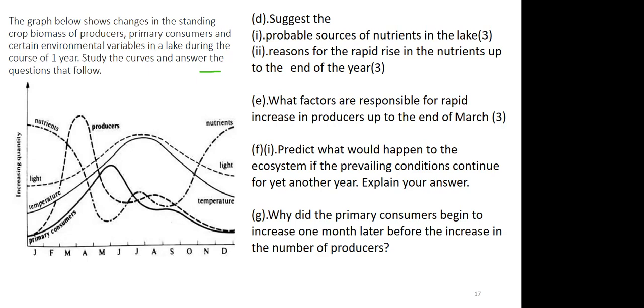Increase in temperature will increase the rate of photosynthesis, which also increases the number of producers. But the increase in temperature can also increase the rate of decomposition, which will avail nutrients. Get it? All right.